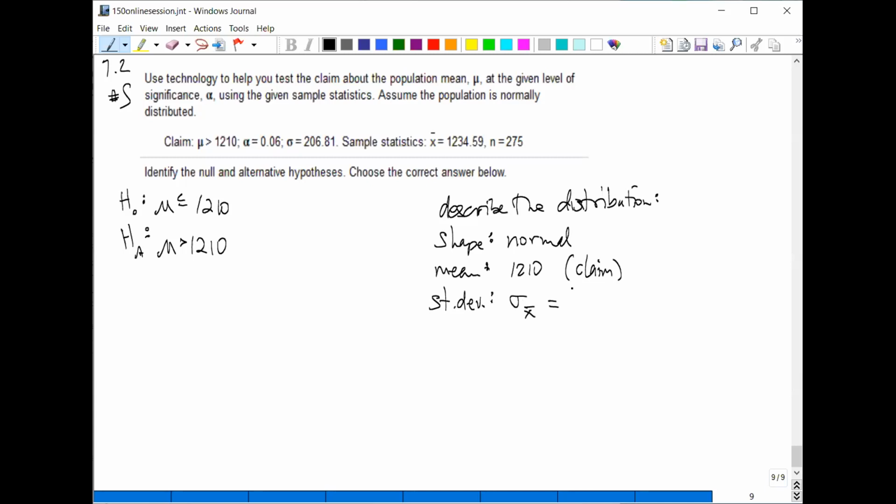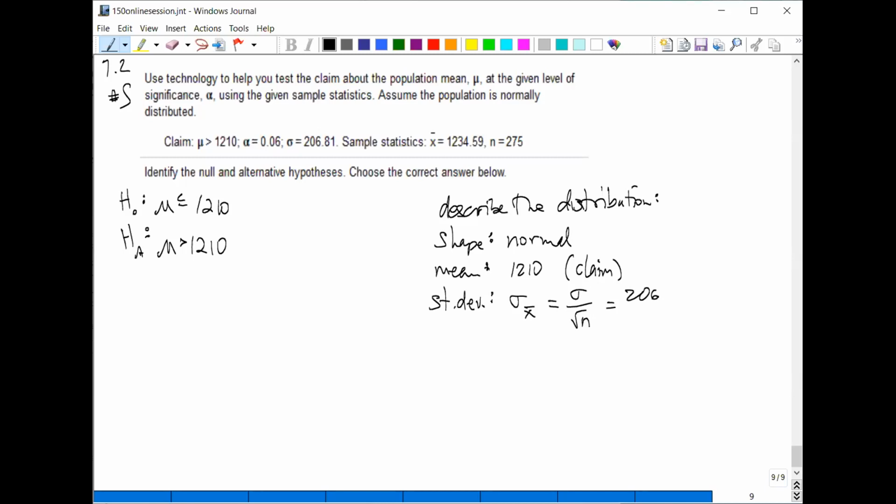And I should go back and say that because we're testing a claim about the population mean mu, we're going to use the sample mean x bar. So therefore, everything in this problem is really about x bar. So when we talk about the standard deviation, we want the standard deviation for x bar, and that is sigma divided by the square root of n.